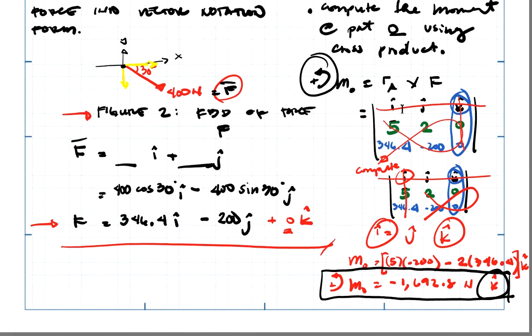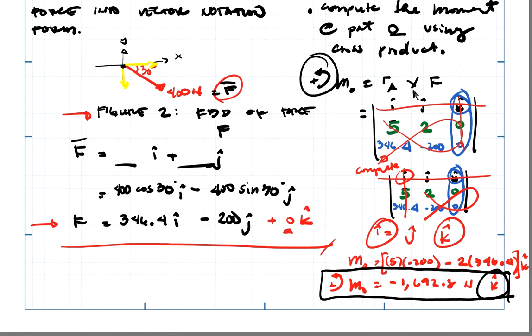That's why the I and J components of our moment will always lead to 0. Since the rotation is only about the Z axis, we only have the K component in the result of our moment.